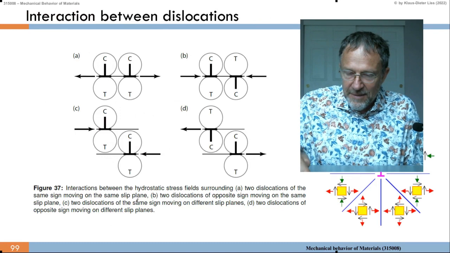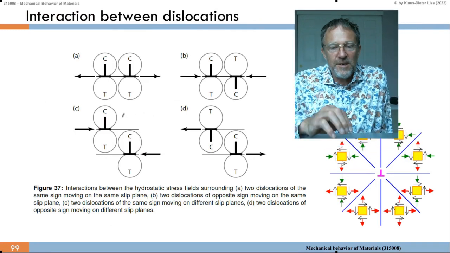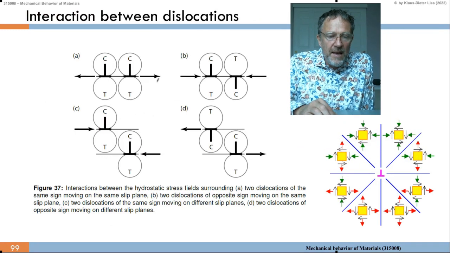Makes sense? This is shown here qualitatively. I have two dislocations on the same slip plane and the same sign, the same Burgers vector. So I introduce a plane here and I introduce another plane there at another distance x. And that gives me the compressive stress field for the first dislocation above the plane and tensile below.